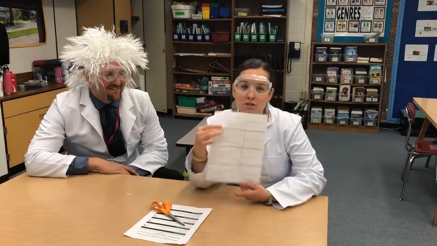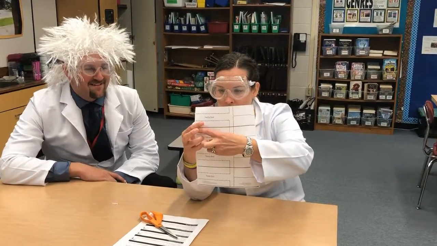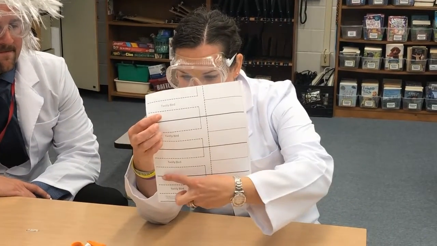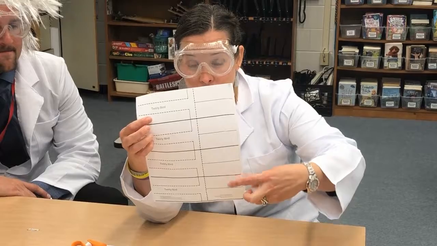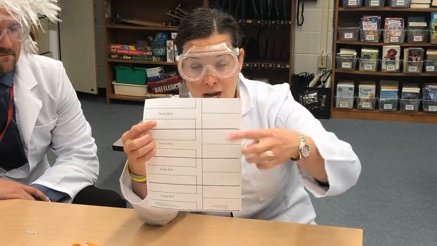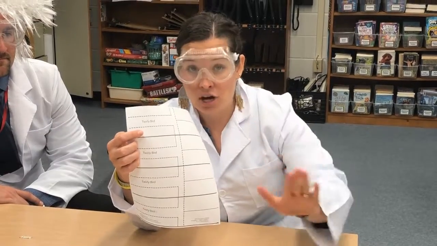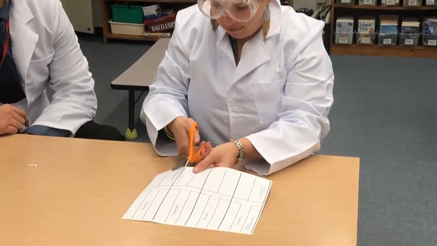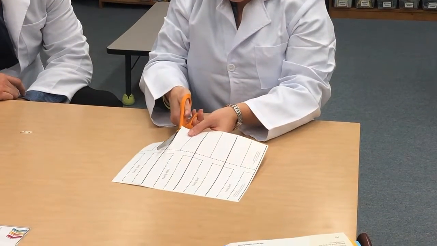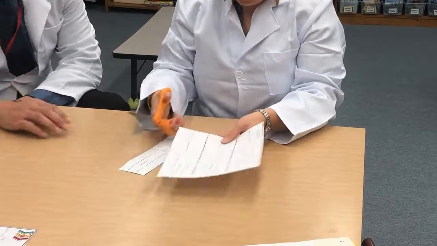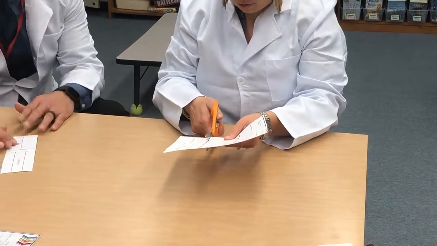So, what we're going to do first with this sheet is we're going to cut it into 4 different strips. And we're only going to cut on the horizontal, that means this way, solid black lines. We're not cutting on any dotted lines. So I'm going to take my paper and my scissors and I'm safely going to cut on the solid black lines to separate each twirly bird from the others.